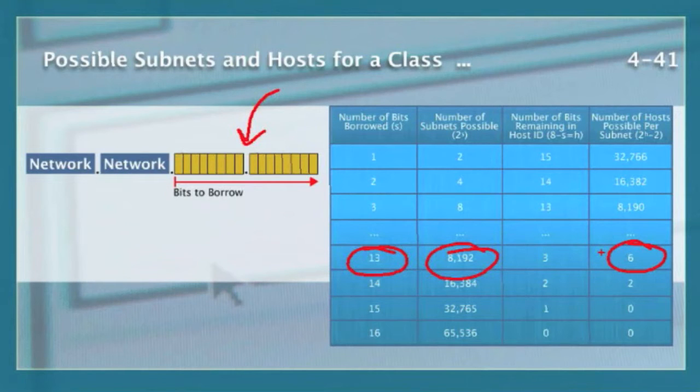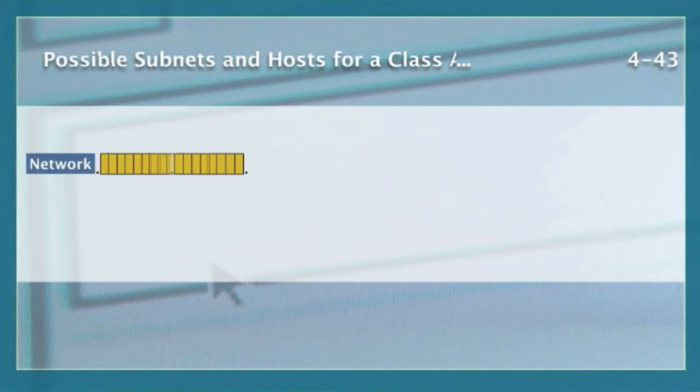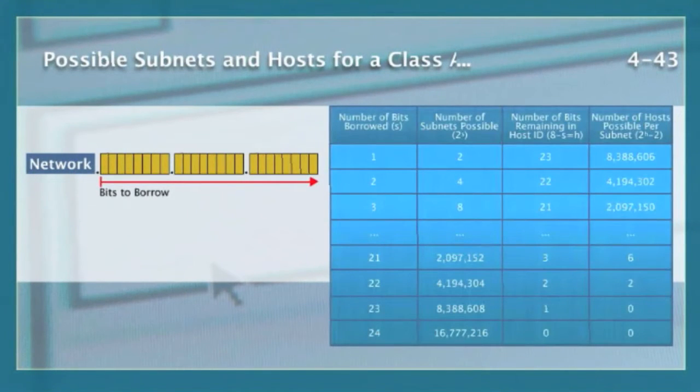How about a Class A? Well, in a Class A, it gets more exaggerated. You have 24 bits to borrow from to create subnetworks. You could borrow 21 of these bits, and that would create over 2 million subnetworks, each of which could have 6 hosts.